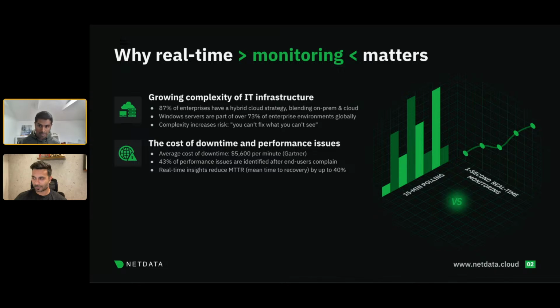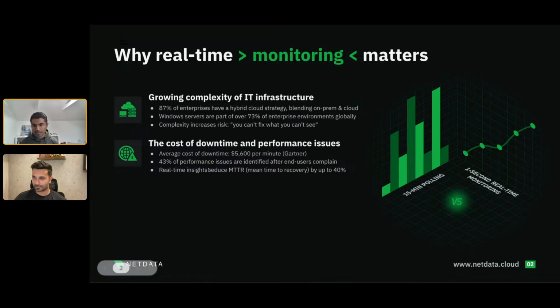For the bigger companies, the cost of downtime is much higher. This is just the average. But you can see how even just a few minutes every month, or even few minutes a year, is a huge cost, which means that anything and everything that you can do to prevent downtime and to catch these performance issues earlier, is worth its weight in gold.